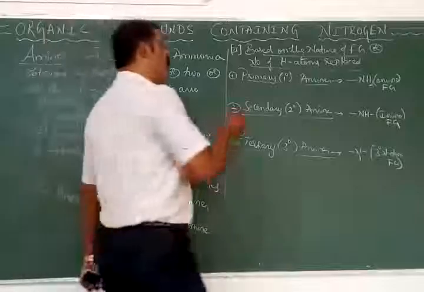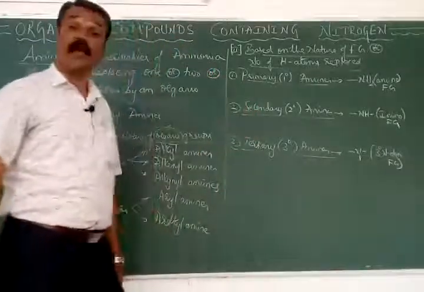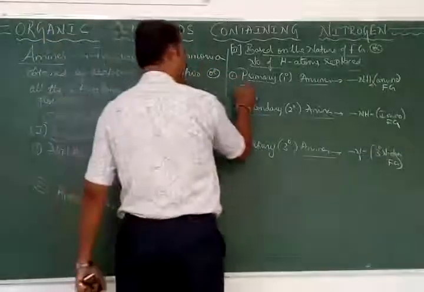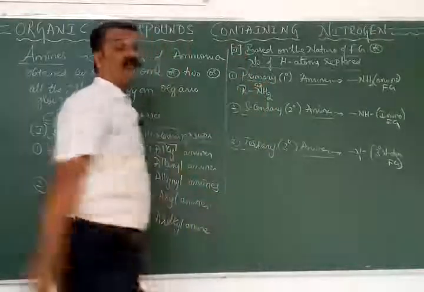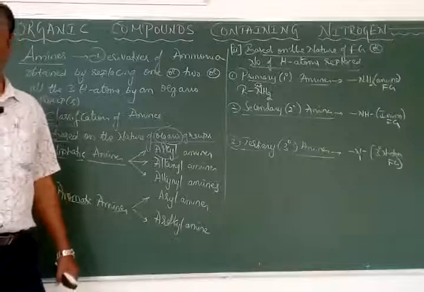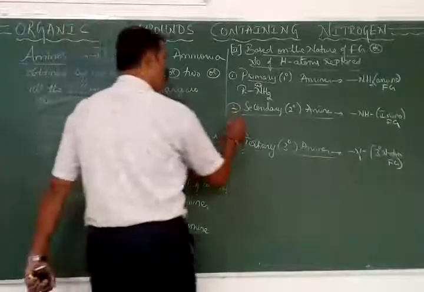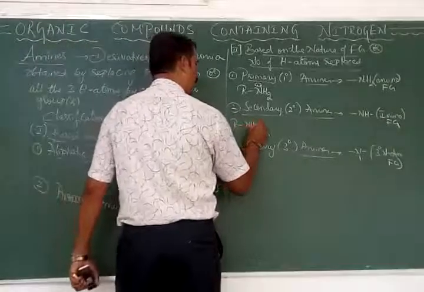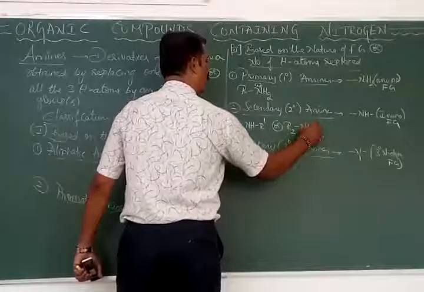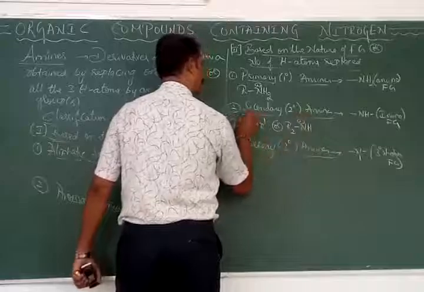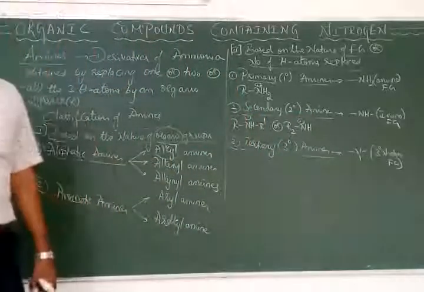We know that NH3 is ammonia. If one hydrogen atom is replaced, it is RNH2. Then RNHR', or I can write it as R2NH.